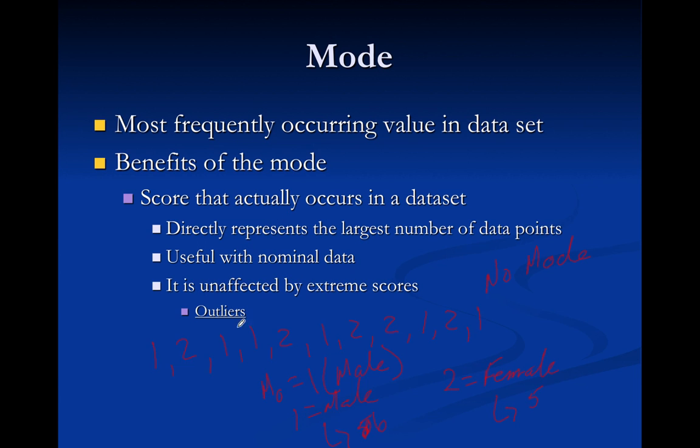Now, in the case where you're not using nominal data like you are here, not using these categorical data, and you're using continuous data that falls on a number line. So let's say, for instance, that you have values like 1 through 9.